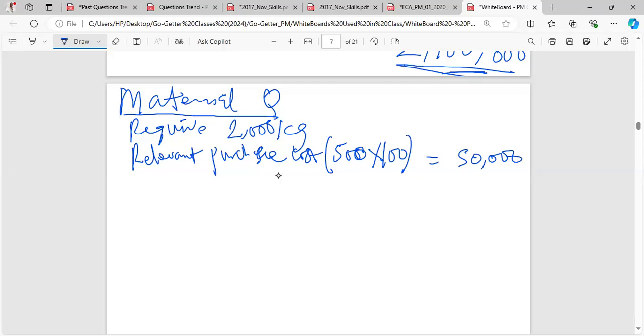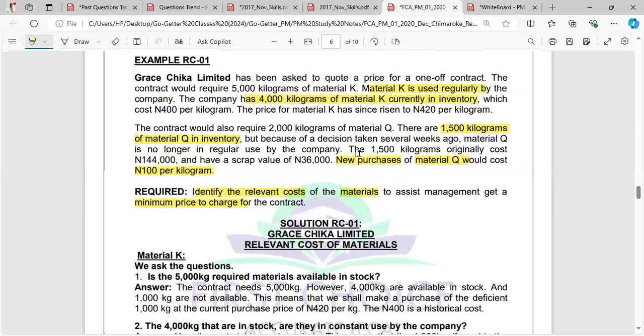Now, the other relevant cost for the 1,500. What are we going to say about that 1,500? We will still need it. Now, they said if the material is available in store, which is the 1,500 kilogram, we move to the next question.